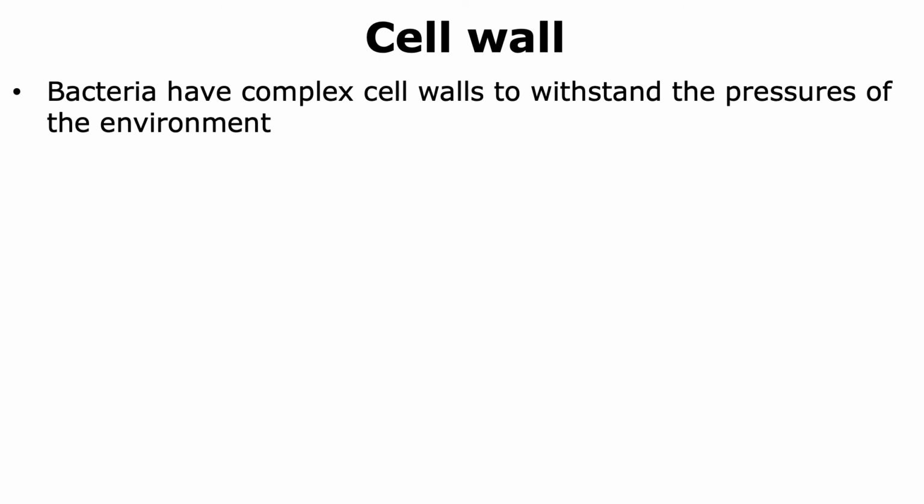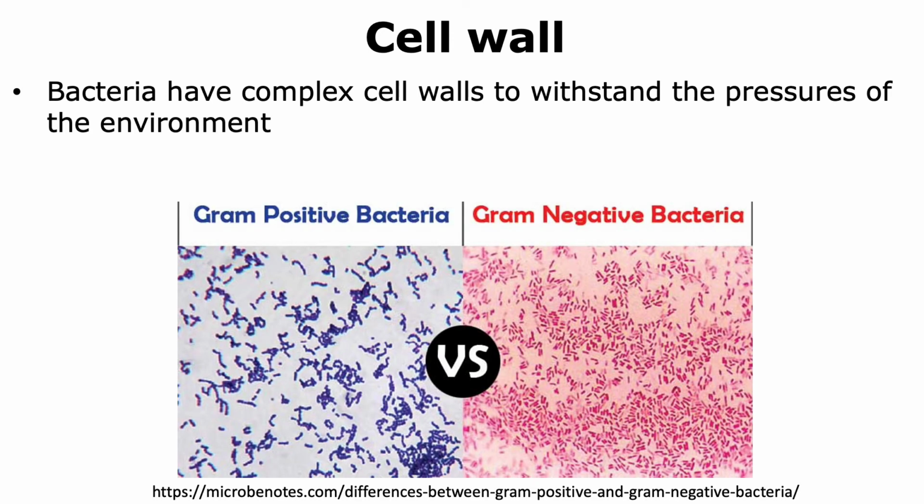Now, while there are many different parts of a bacteria, I thought that I'd tell you a little bit about the cell wall, because bacteria are protected from the environment because of their cell wall. Now, when we look at the cell wall of the bacteria, based on the composition, bacteria can be divided into two main types, which are gram-positive and gram-negative.